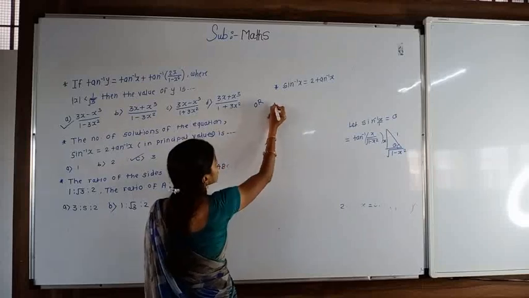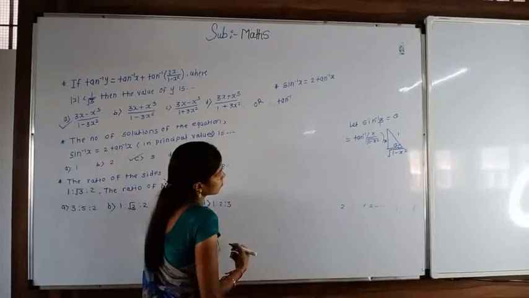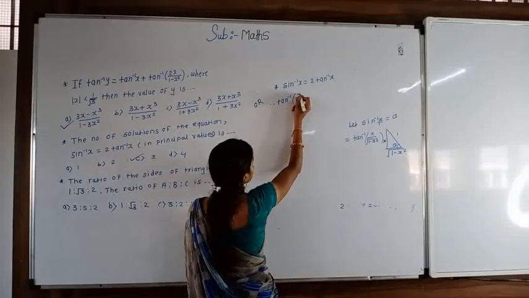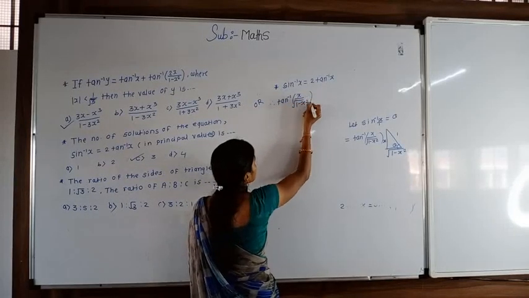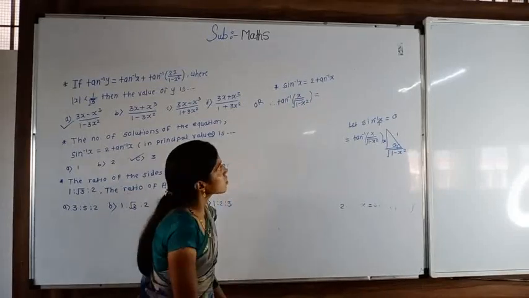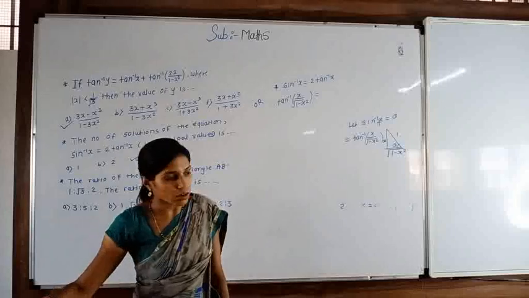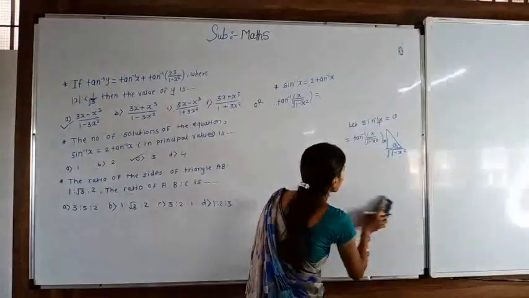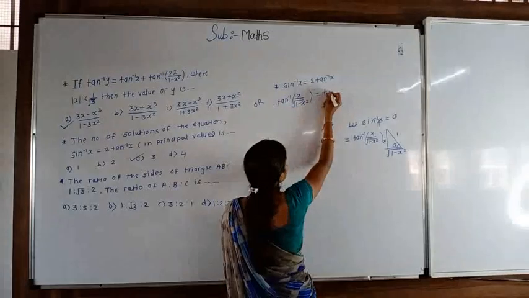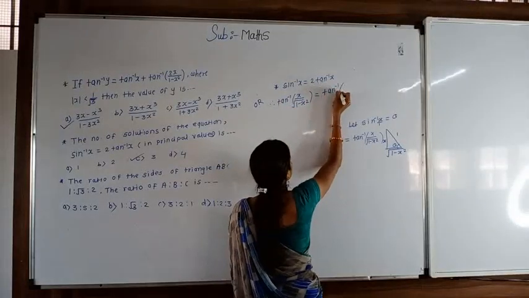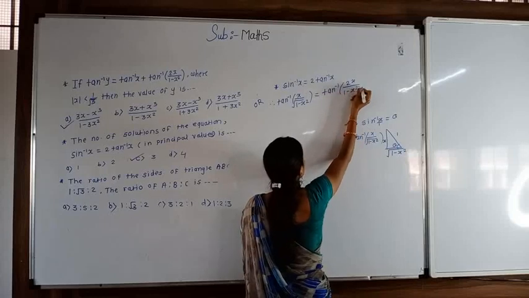The left hand side we can write as tan inverse of (x divided by root of 1 minus x square). The right side, 2 tan inverse x, we also express in terms of tan, and we know the identity of 2 tan inverse x is tan inverse of (2x divided by 1 minus x square).